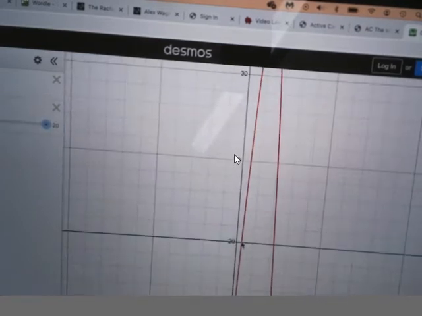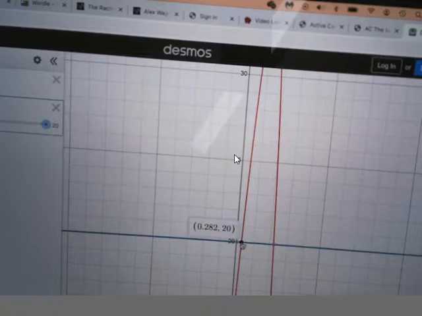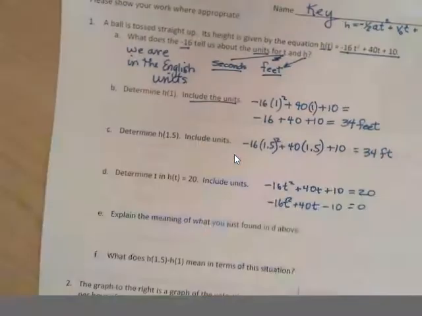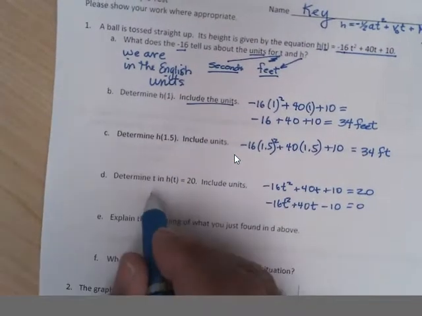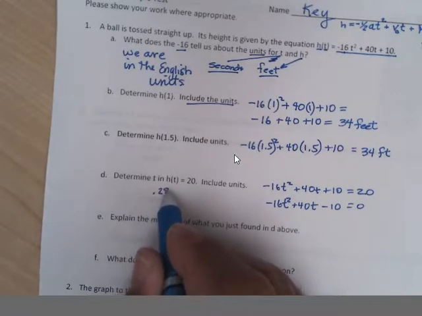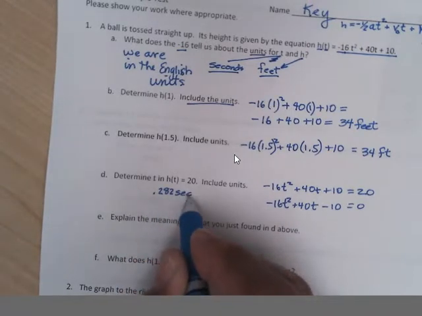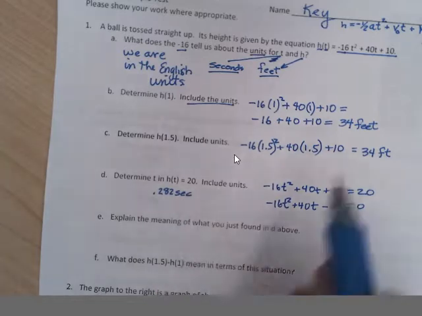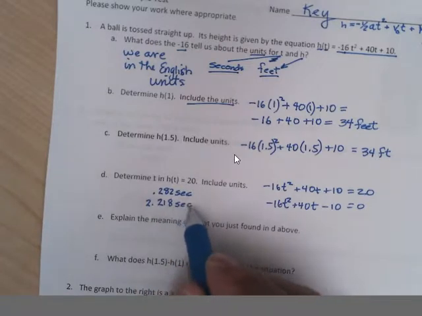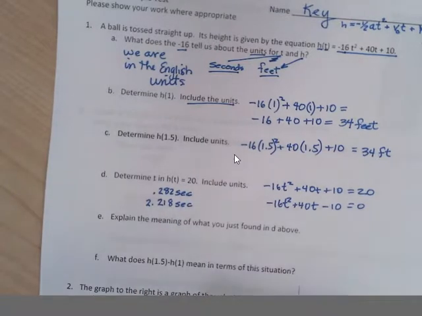And so now I can just click on there, and it says at 0.282 seconds, it's at 20 feet on the way up, and at 2.218 seconds, it's also at 20 feet on the way down.